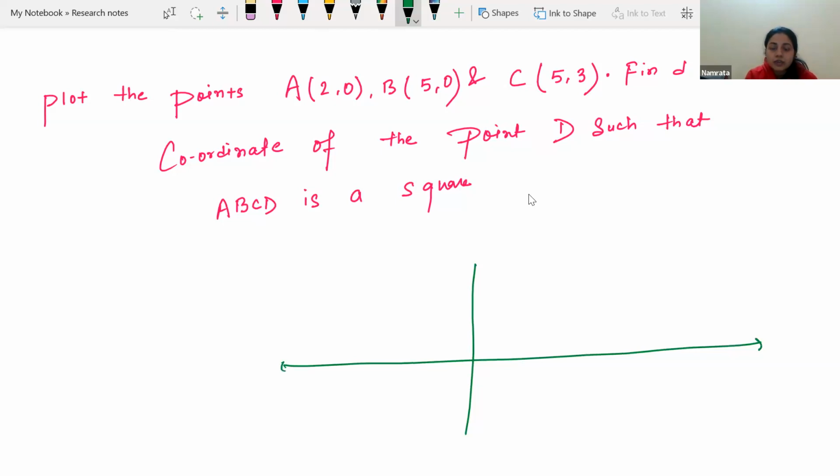Check what exactly will be the coordinate of D, so that we have ABCD as a square.